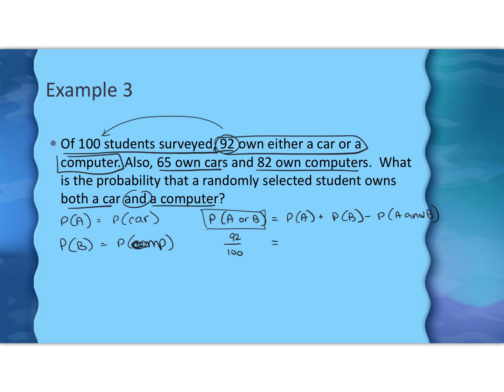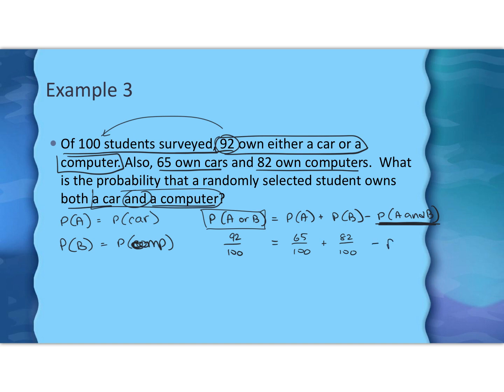And then I keep going. The probability of a car, well, 65 out of 100 own cars. The probability of a computer, well, 82 out of 100 own computers. And now it says, what is the probability that a randomly selected person has a car and a computer? So what we're looking for is this probability here that's missing.